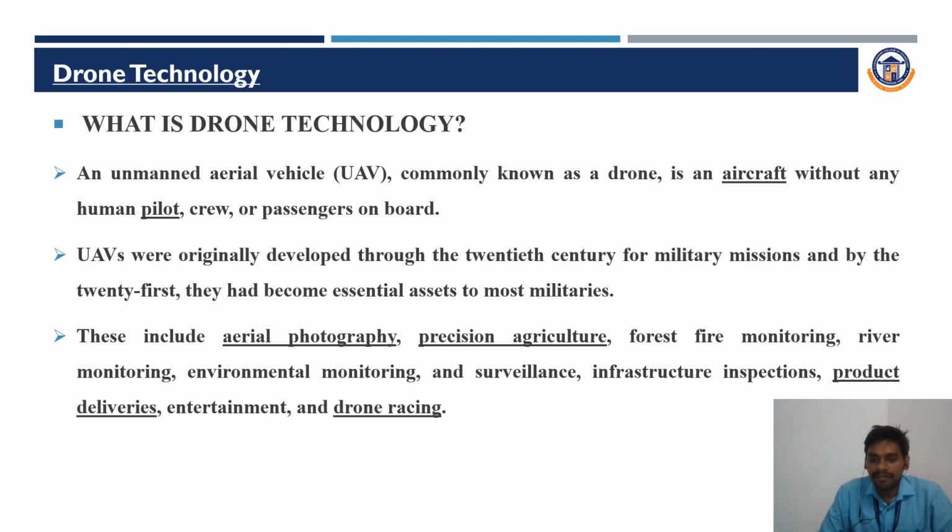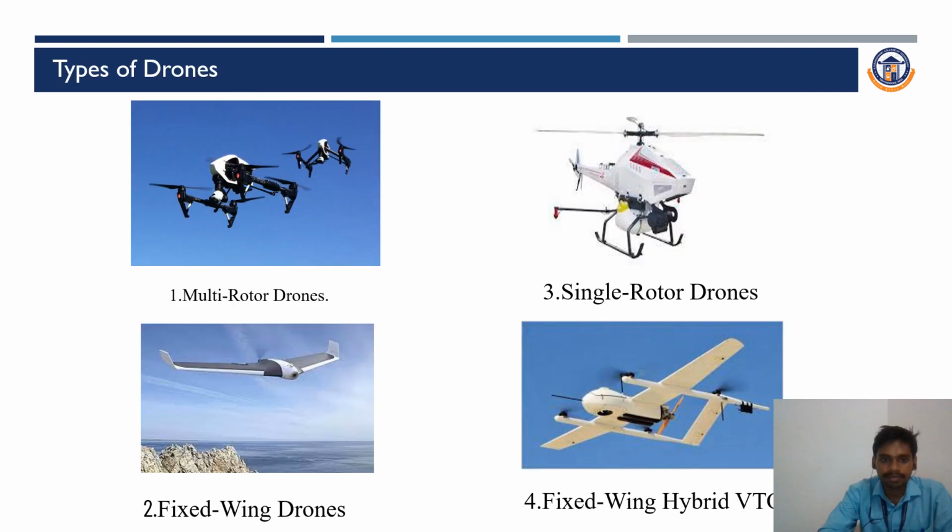Using drones, we save our military personnel because drones can drop weapons and assist rescue operations, so we save military personnel without any damage. Further uses include aerial photography, precision agriculture, forest fire monitoring, river monitoring, environmental monitoring and surveillance, infrastructure inspections, product deliveries, entertainment, and drone racing.